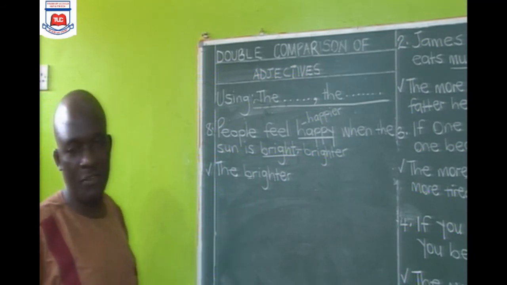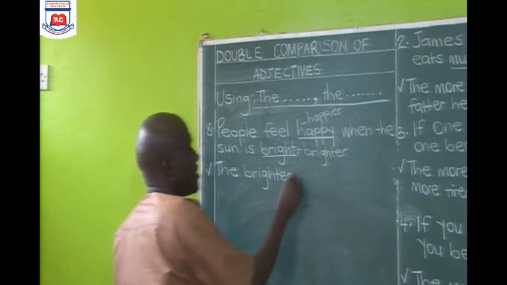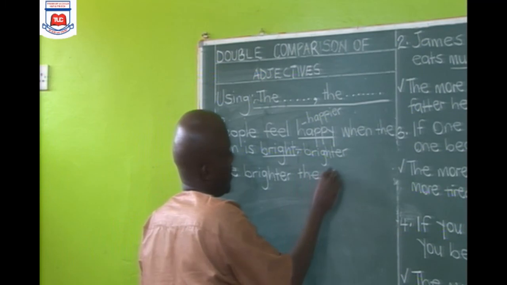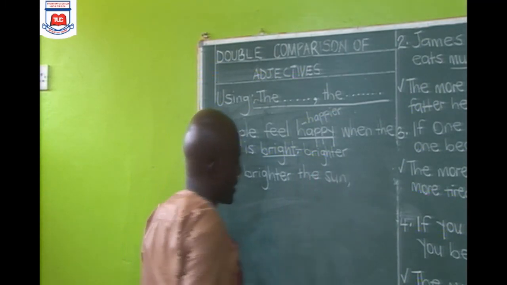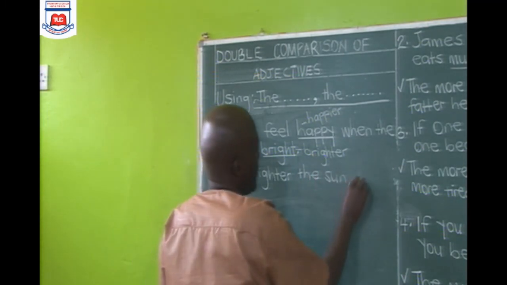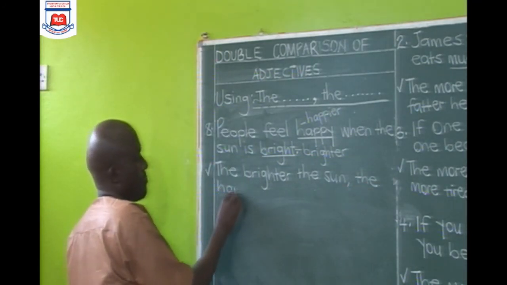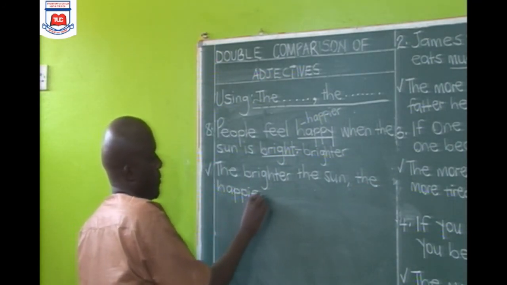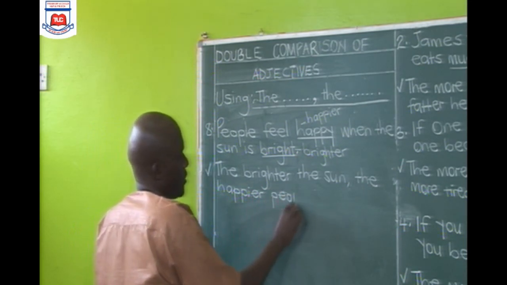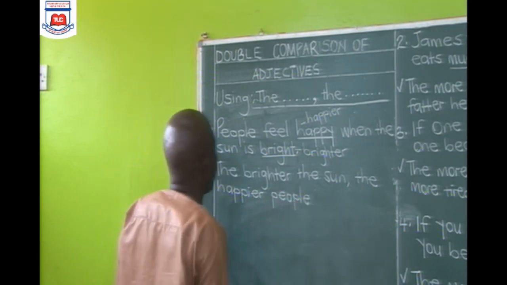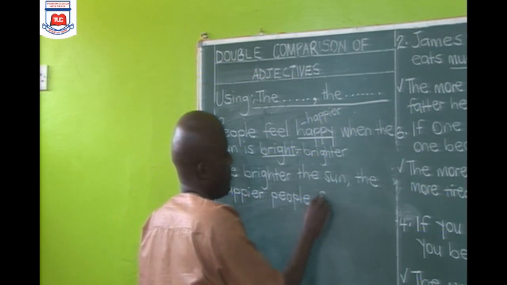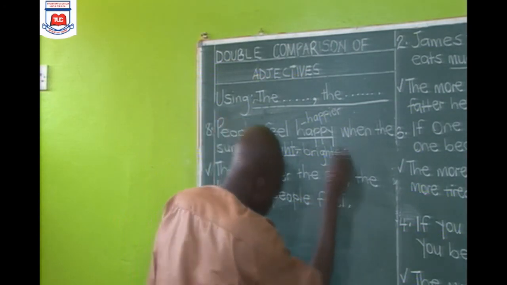The brightness of the sun. The brighter the sun, we put a comma there, then the happier people feel. Yes, the brighter the sun, the happier people feel.